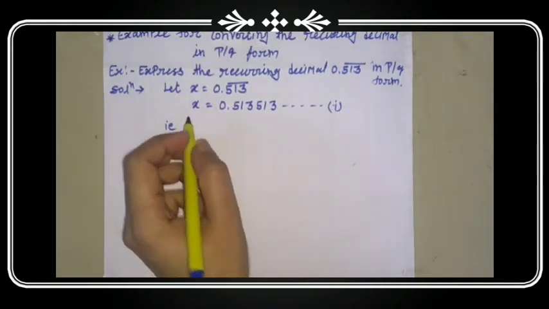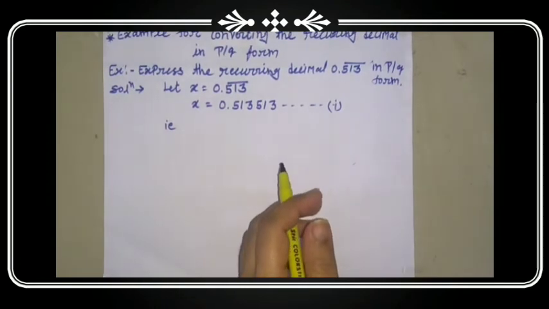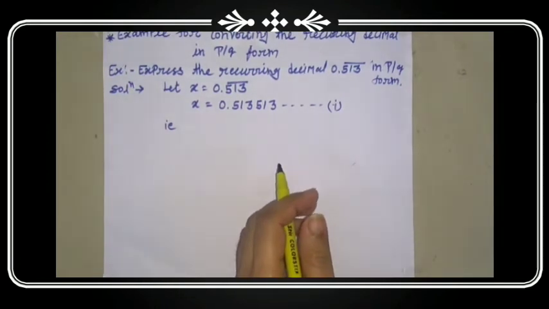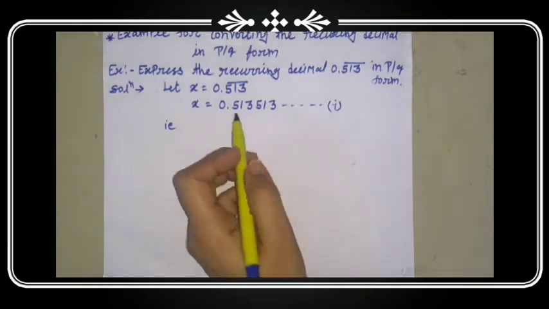Step 3: if 3 digits are recurring, then we will multiply the given number by 1000.